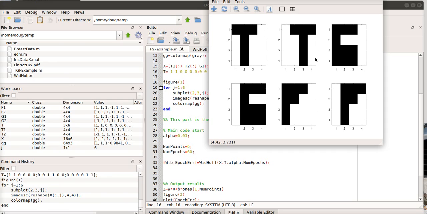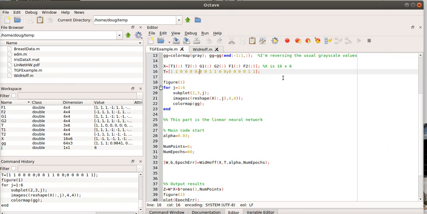You don't want to induce a metric unless you really want to say that F is farther away from T than it is from G. So a better way to do this is to map T to the three-dimensional vector 1, 0, 0. And then the G's would be mapped to 0, 1, 0. And then the F's would be mapped to 0, 0, 1. I'm going to change that in the notes. So you probably don't understand what I'm talking about with the -60, 0, 60. Or I may just leave it.